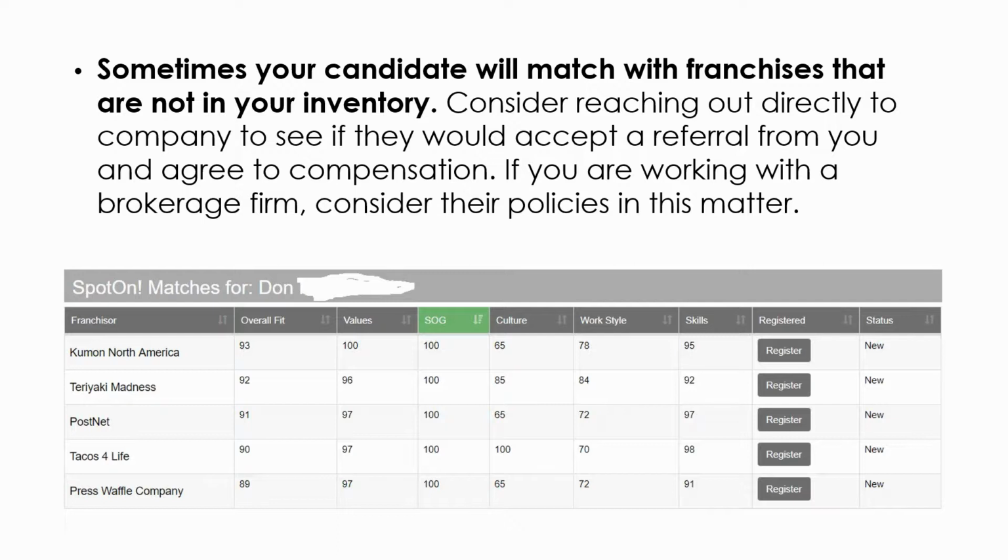Consider reaching out to them directly to see if they would accept a referral from you and would agree to compensate you for that referral. Consider negotiating it. Now, if you're with a franchise organization where this isn't part of how that broker organization works, then consider their policies and how that might work with whatever organization you might be with.